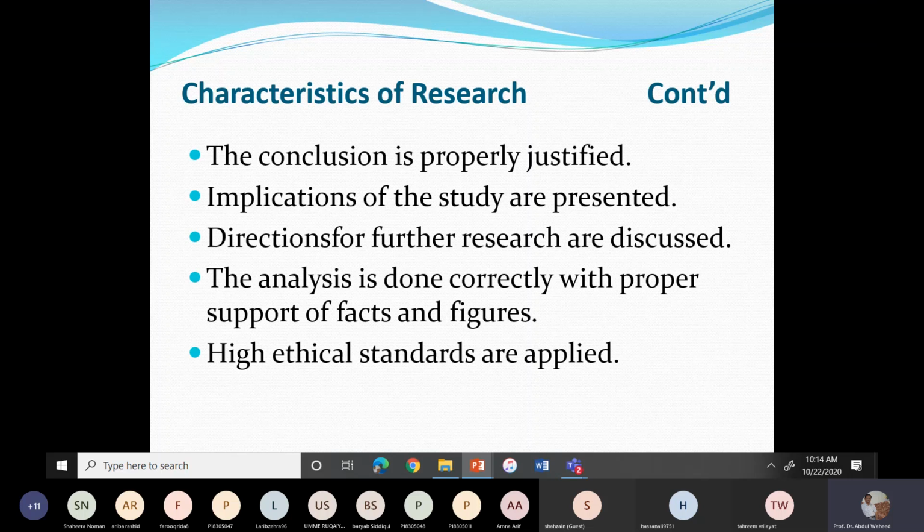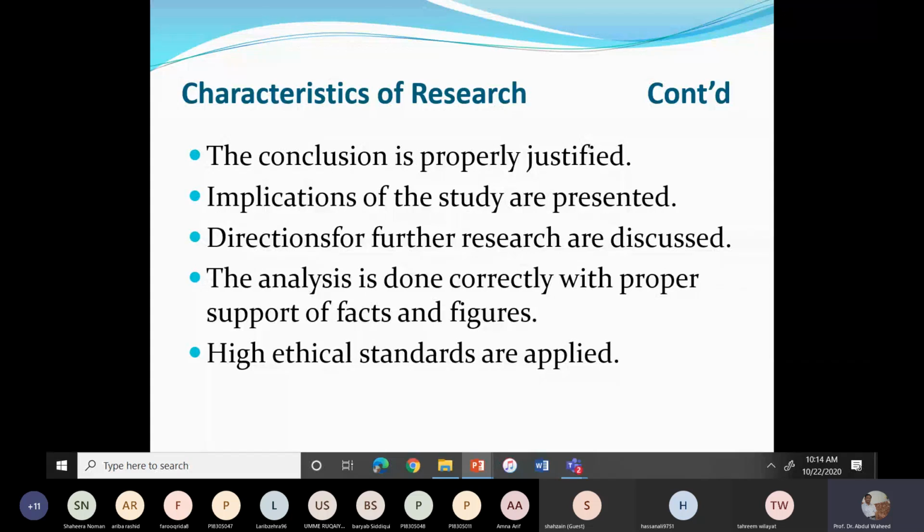And also the conclusion is properly justified. Okay, you did your research, you have your research question, research objective, you did your analysis, then you conclude the study on the basis of your analysis and it is justified.